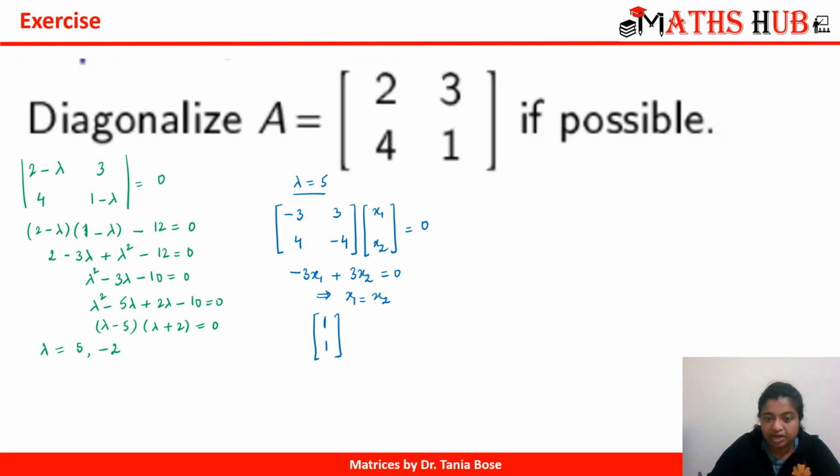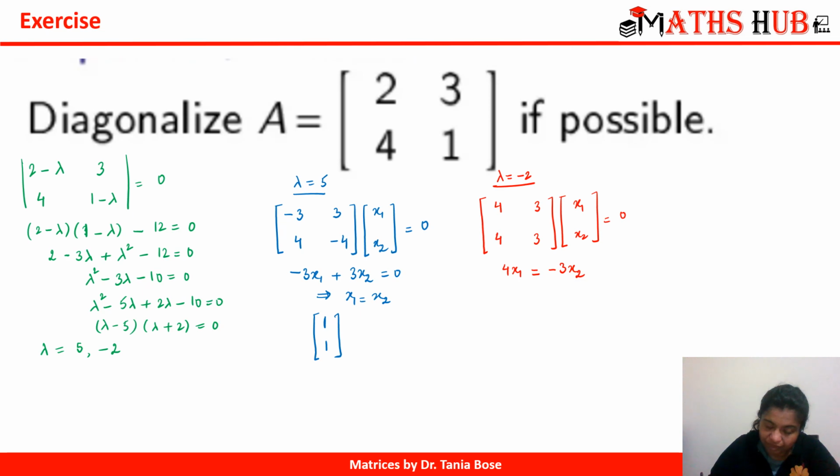Now let's try lambda equal to minus 2. We get the matrix 2 minus minus 2 is 4, 3, and then 4 and 3 over here. Again, you can see that both rows give the same equation. So we have 4x1 plus 3x2 is equal to 0. That gives us 4x1 is equal to minus 3x2, right?